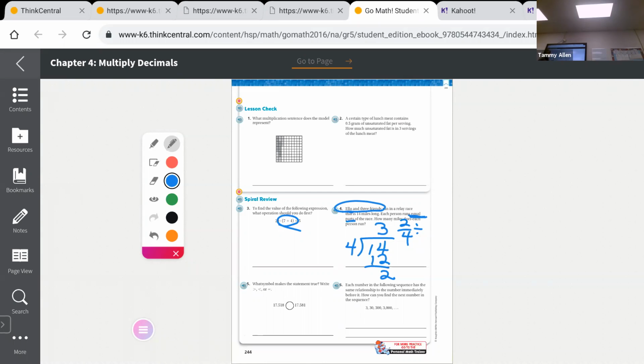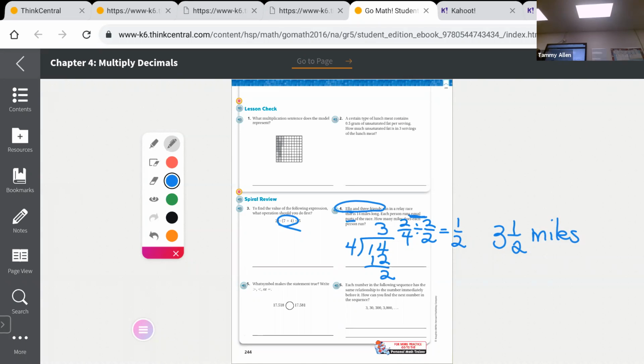What's a common factor of 2 and 4? And that gives us 1/2. Is 3.5 a possibility? Yes. So could they each run 3.5 miles? Is that possible? Okay.